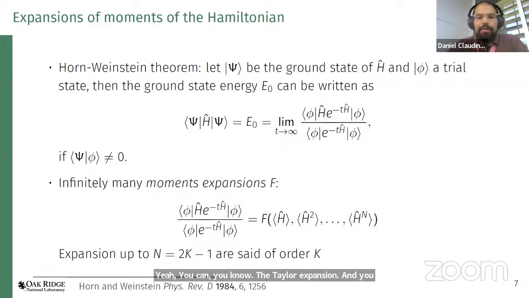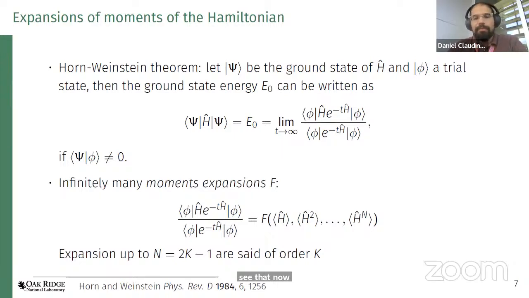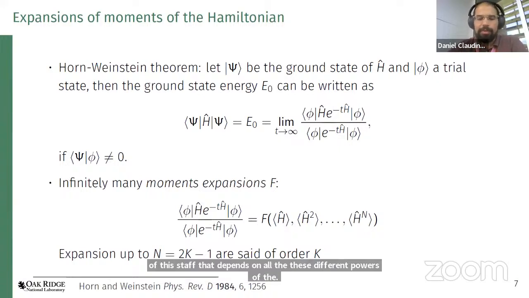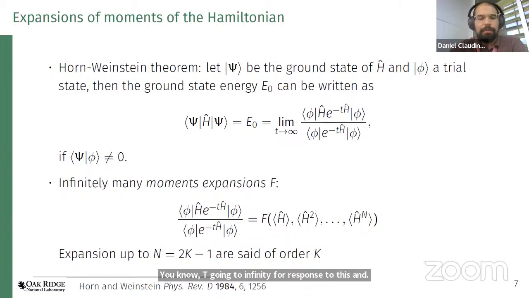And you see that now you no longer depend on this continuous parameter t, but you can have all sorts of forms of this f that depend on all these different powers of the Hamiltonian, and t going to infinity corresponds to n going to infinity. But if we decide to truncate this expansion somewhere, we do that in a judicious way. If n goes all the way up to 2k minus 1, we say this is an expansion of order k.